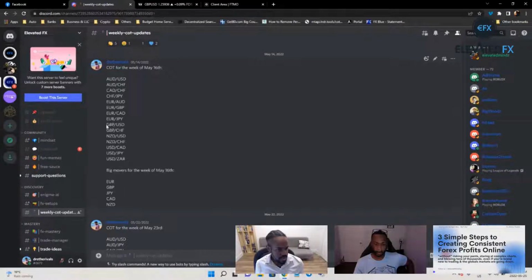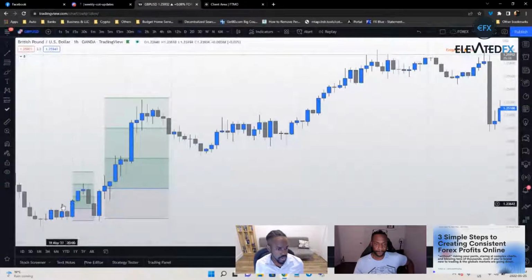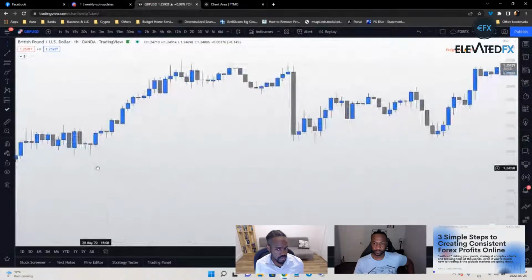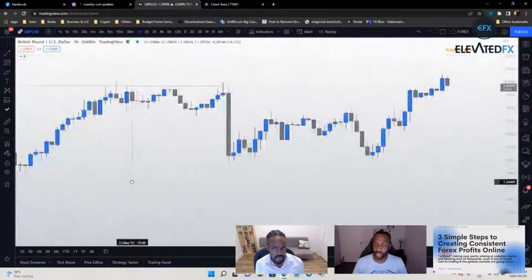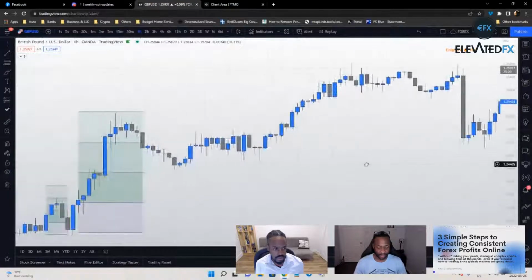I did say the GU was going to move, and that the GBP pairs were big movers for the week. Exactly what happened is a big upside move. It's probably going to continue to trend that way because the US dollar is pulling down right now, as we speak.